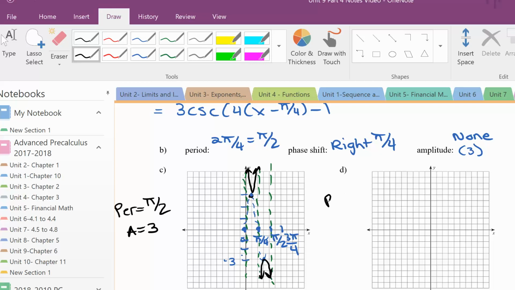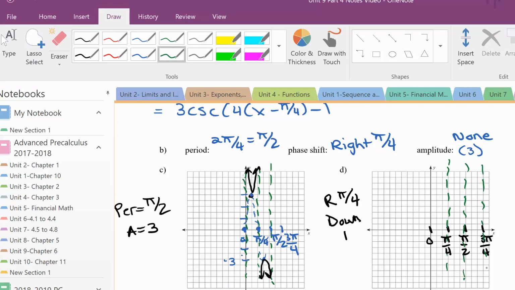Then for the next thing, you're going to take into consideration, go to the right pi over 4 and down 1. So to the right pi over 4 means that you're going to move everything. So I'm going to space out a little better. So that's pi over 4, pi over 2, and then 3 pi over 4. So now everything's going to move, all of the asymptotes. So pi over 4, pi over 2, 3 pi over 4.